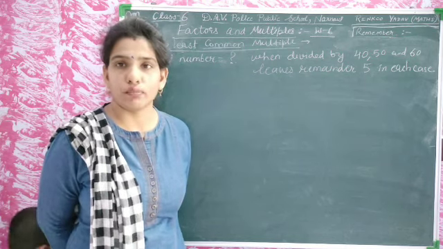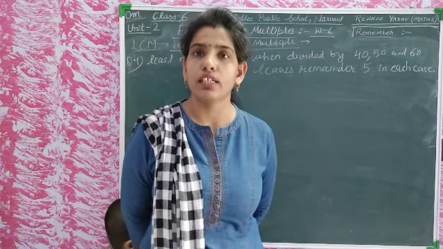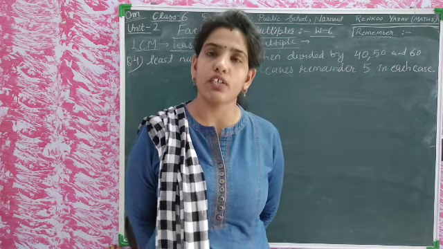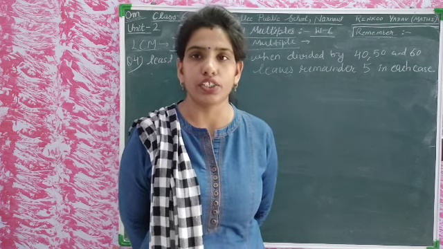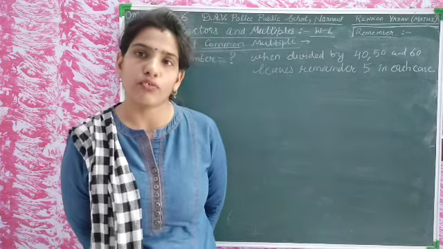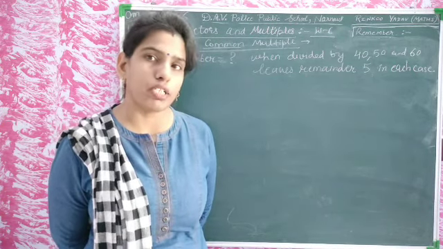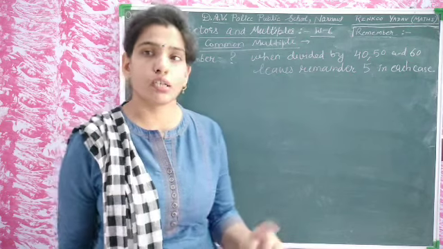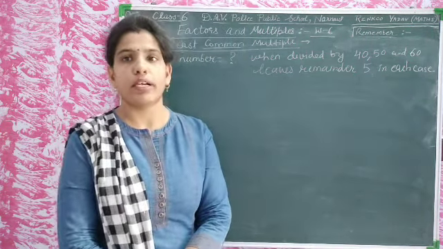Yes, I will repeat it again, that we have to find the least number that when divided by 40, 50 and 60 leaves the remainder 5 in each case. For this, we know that the least number we will find here by the LCM.